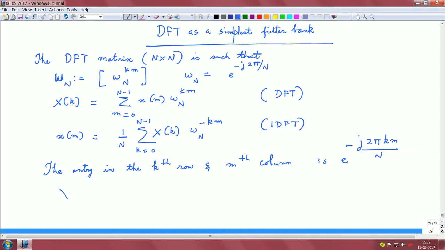Now capital X is W times small x. I will just ignore this subscript. Okay, so you can link the time domain samples here.